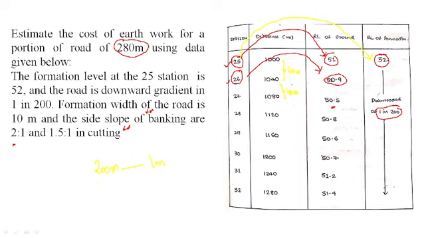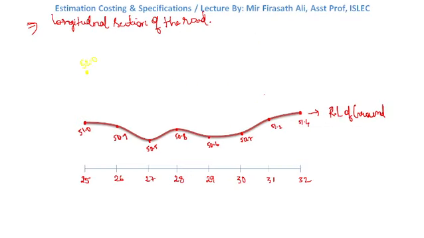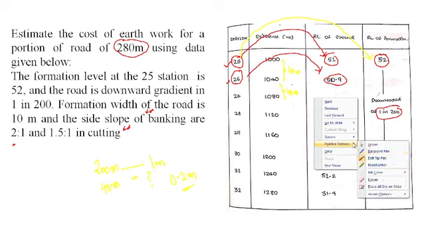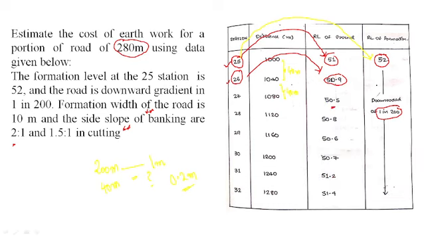So for 40 meters, what is the dip? It is nothing but 0.2 meters. So what we need to do? For every junction from this 52, we need to drop 0.2. What is the reduced level at station number 26?